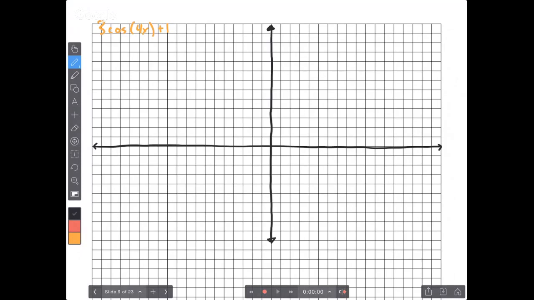I'm going to scale to give 3, 4, 5, 6. And I'm going to make that pi over 2. So here's pi. Negative pi over 2. And negative pi.